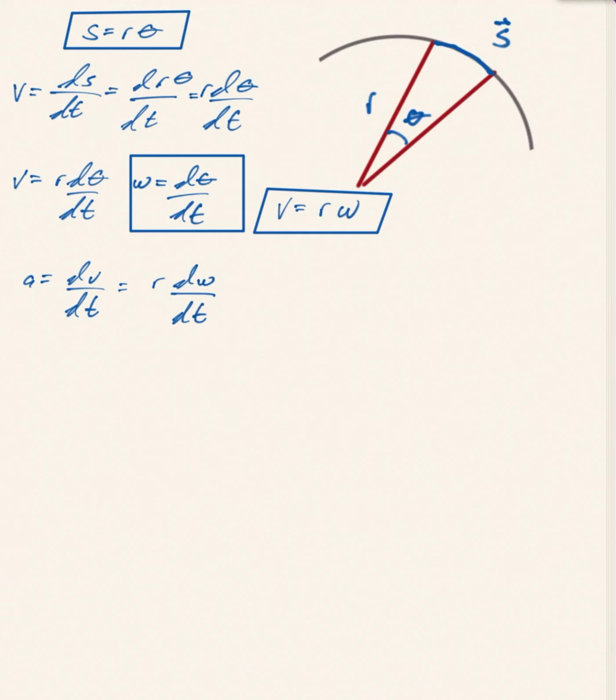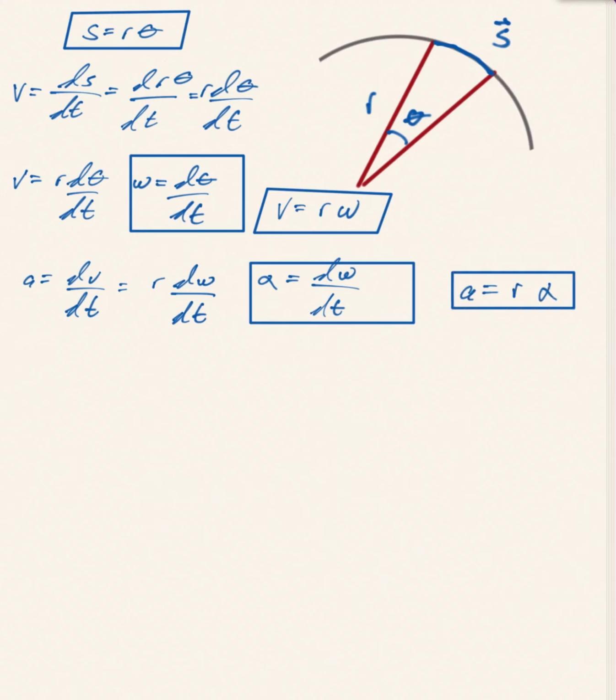And extending that, we can get that alpha is equal to d omega dt, and acceleration is equal to r alpha. So here we have 6 equations that can relate our linear displacement s to our angular displacement theta, given that we know the distance r between the place of observation and the object that we're observing.